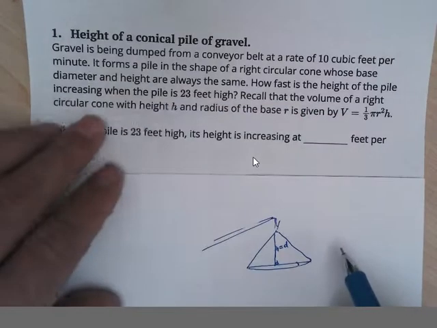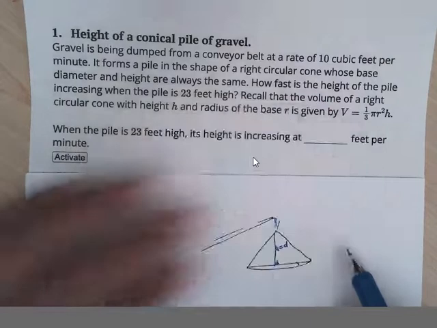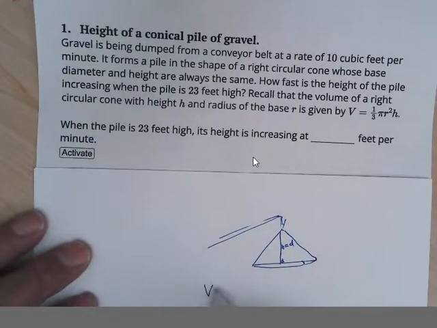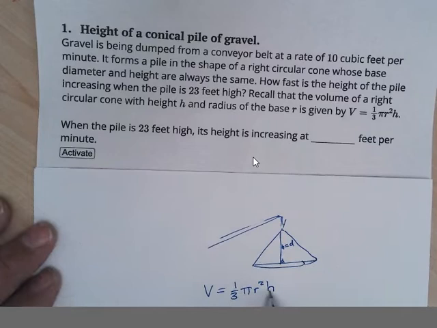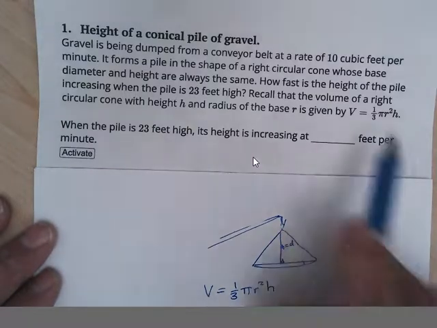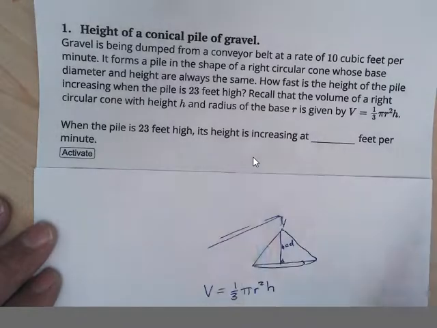Recall that the volume with a height h and a radius r is 1/3 pi r squared h. They want to know how fast h is changing when V is changing, how fast the height is increasing.